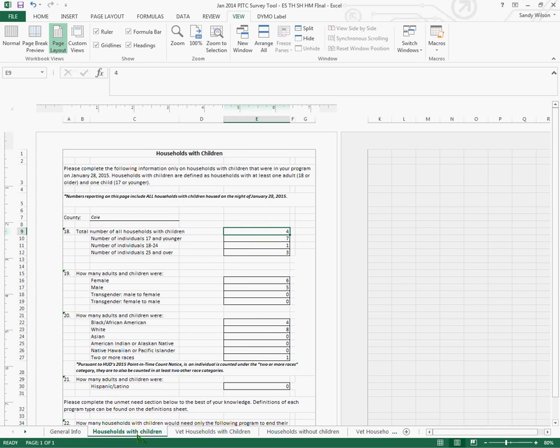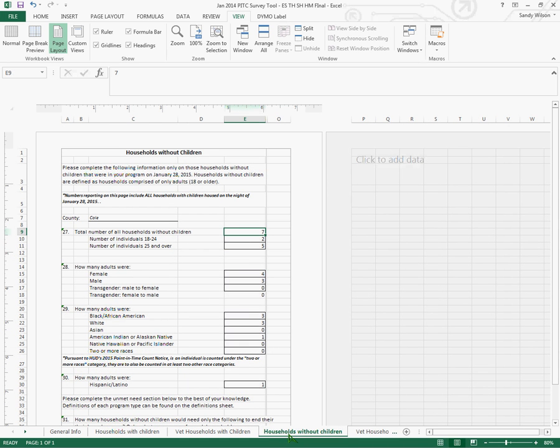And with our households with children, we know that we have one individual between the age of 18 and 24, a single household, or a household that has an individual between the age of 18 and 24. It's a parenting household. They presented as an individual with a child in that age group of 18 to 24.